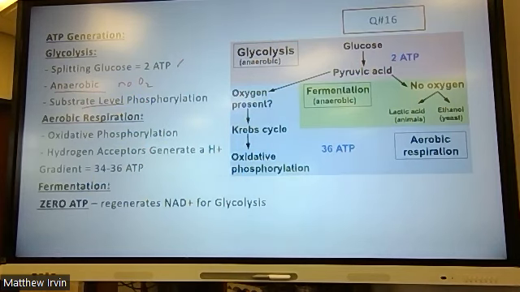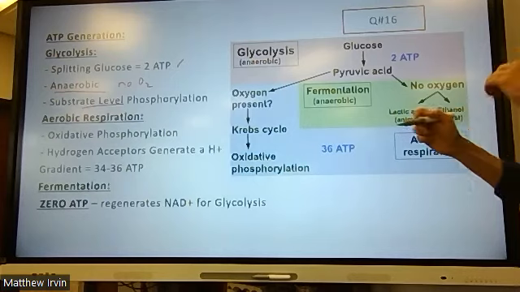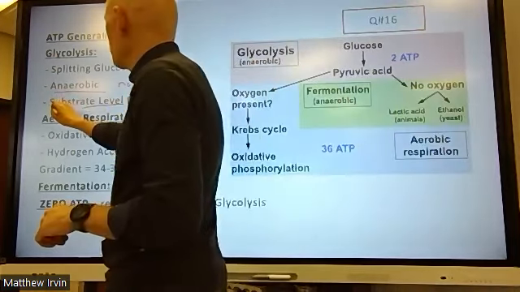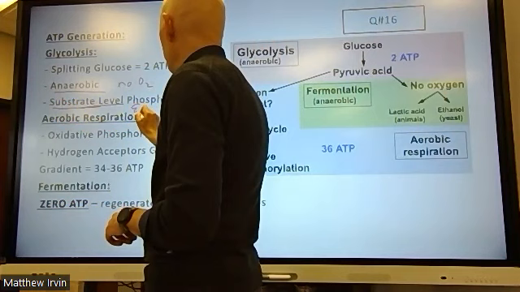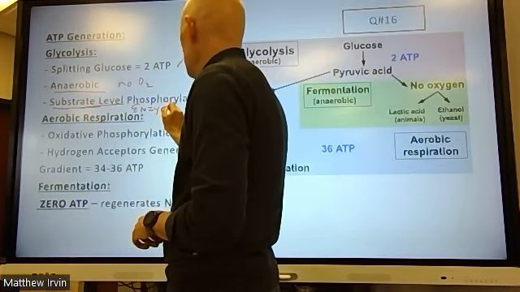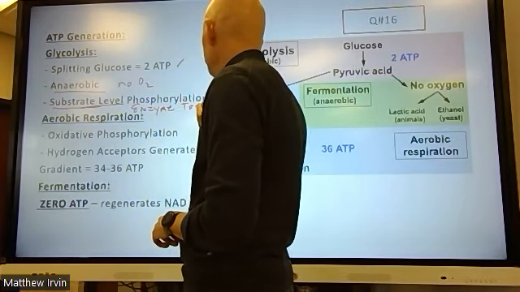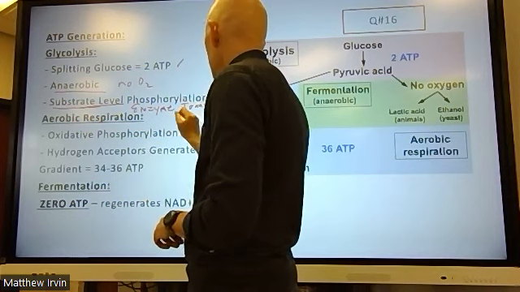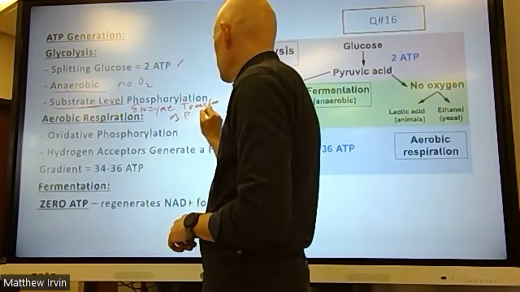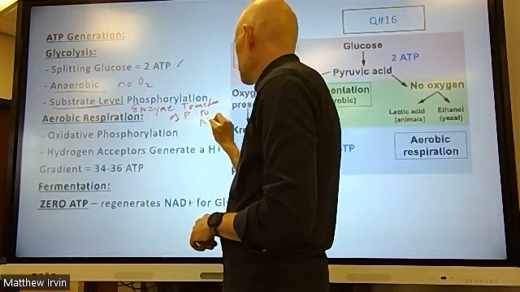It is transferring a phosphate from one molecule to ATP. It's not using a gradient. So when you see substrate level, this is enzyme transfer of phosphate to ATP.